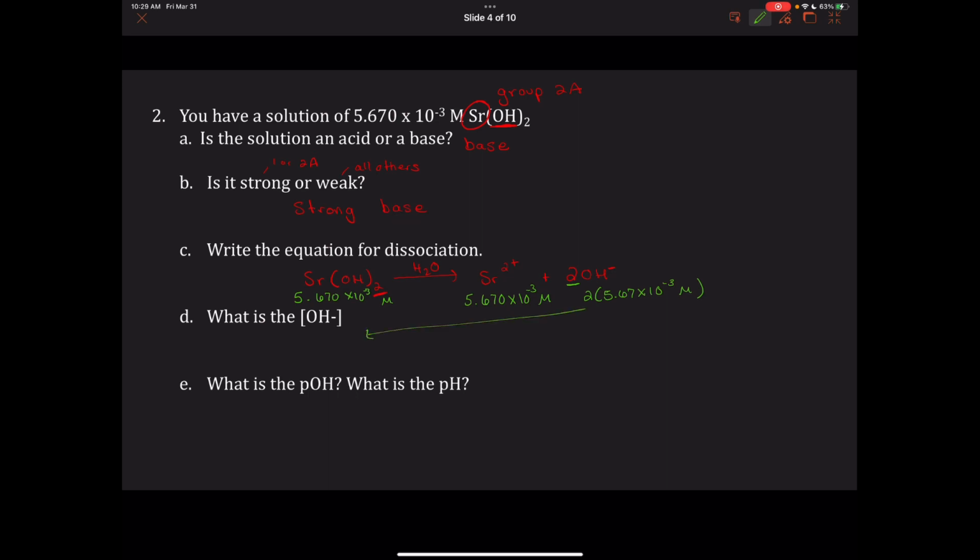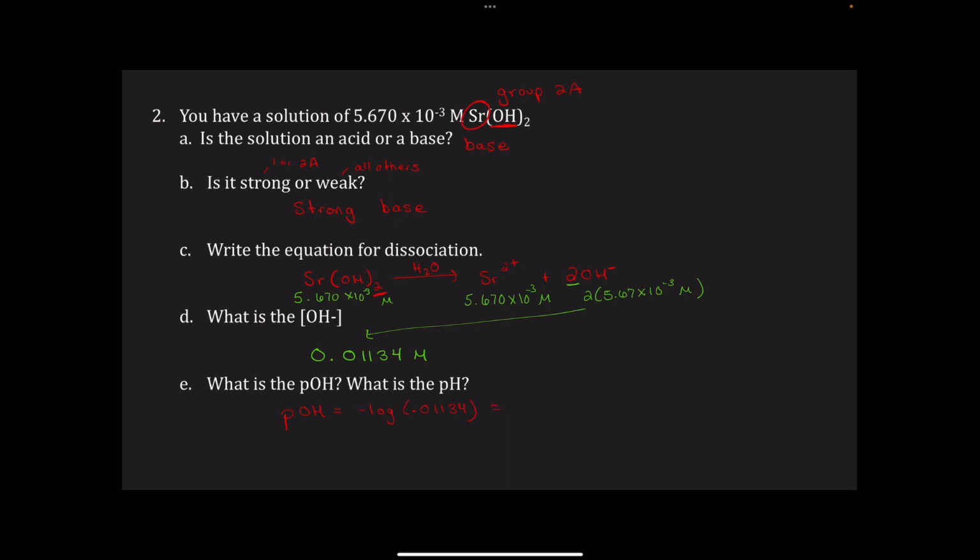And so that's going to make my hydroxide concentration 0.01134. So if I have my hydroxide concentration, I could calculate my pOH. So my pOH is the negative log of the hydroxide concentration.